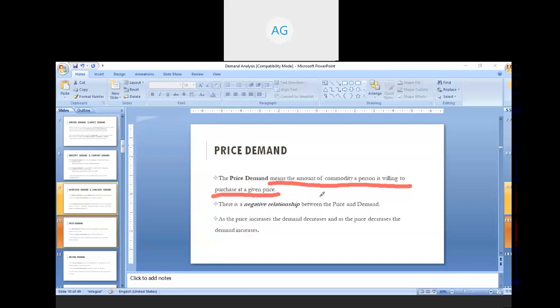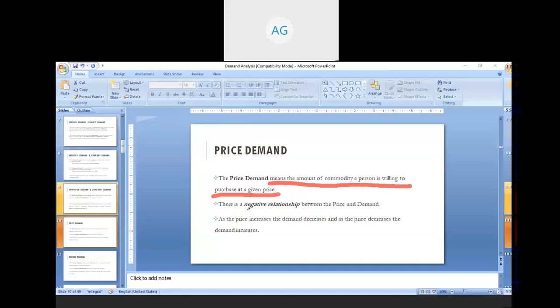Based on the given price, suppose you want a soap. There are many options of soaps available in the market, and you have a fixed amount to purchase that item. Then according to that amount, you survey the market for the best soap that comes under that amount. So the price demand deals with it.